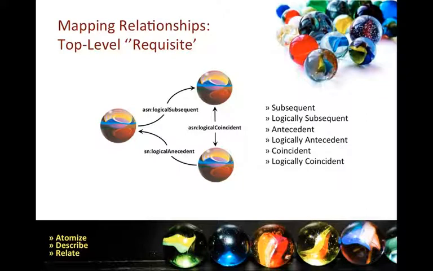The requisites are properties that define logical sequencing, so that you may have two achievement standards, one that is an antecedent to the other and one that is subsequent to the other. So you get this in prerequisite structures and so forth. There may be some that are coincident, have to be done at the same time.